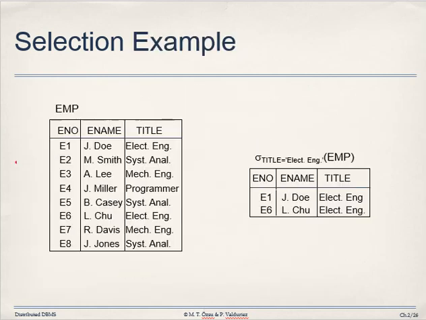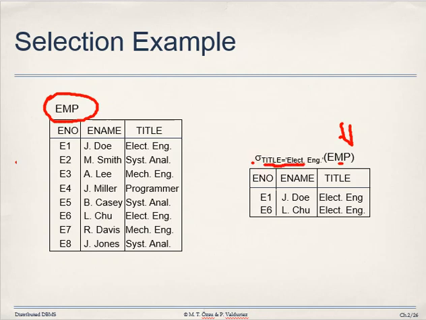Selection example. The first thing should be the symbol of selection. Then we have a condition. The condition is title equal to electrical engineering of relation R. Here relation R is equal to employee. So on this relation, what selection formula do we have?